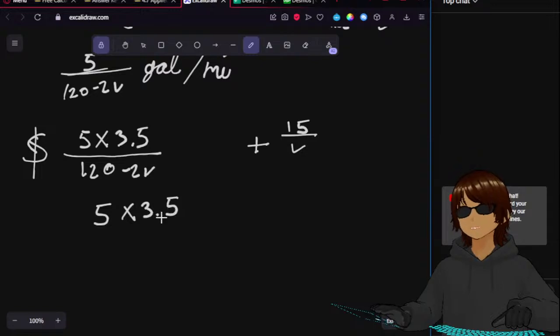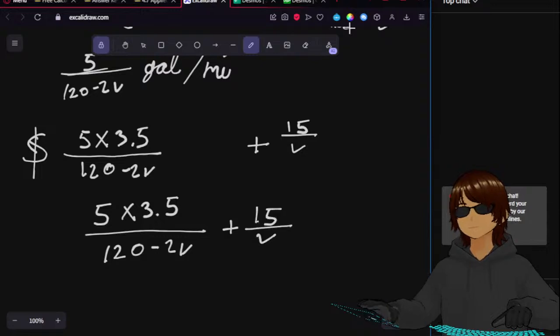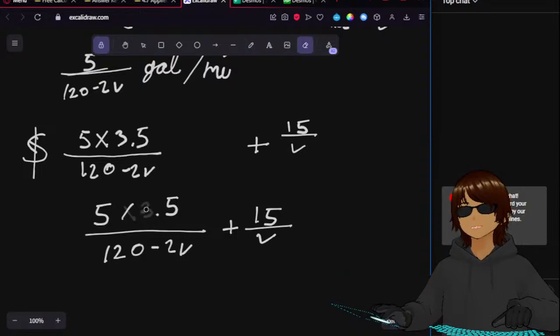How should I do this? Yet I have a calculator in front of me. 5 times 3.5, 17.5. 17.5.